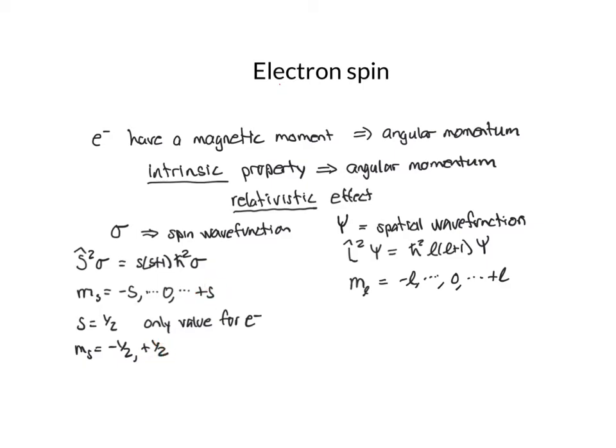So the only values for m sub s are minus 1/2 and plus 1/2. So we usually say that minus 1/2 is spin down, and we represent that with the wave function beta. Plus 1/2 is spin up, and we're going to represent that with the wave function alpha.